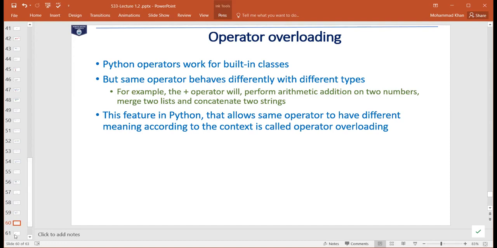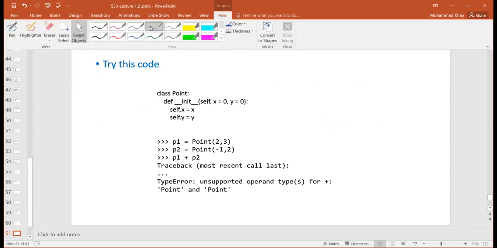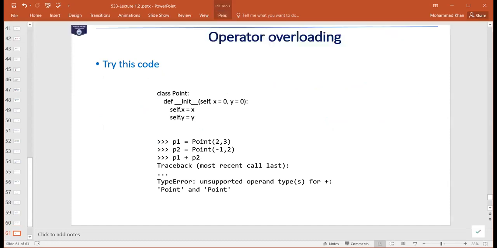For example, if we want to define a point class, and maybe we are defining just this code. Now the users of this class may think that we can add, because normally we can add 2D points.